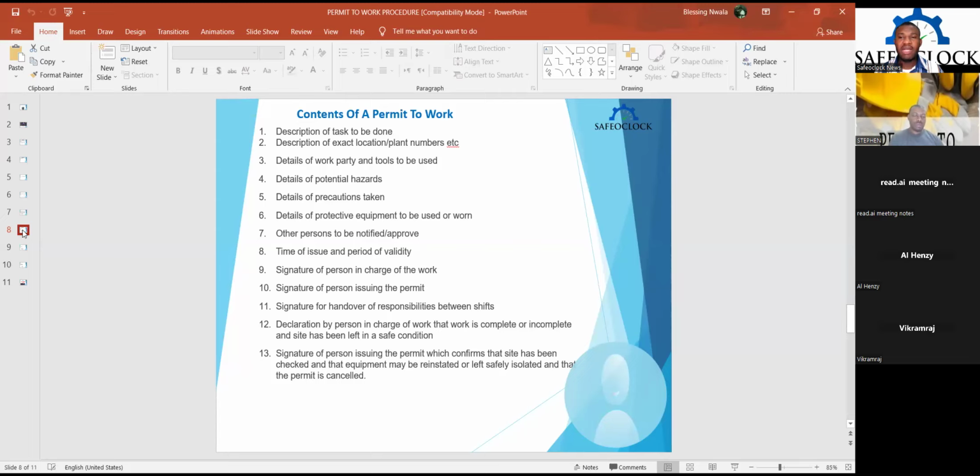Now, at the end of the shift, each of the permits has to be closed, signed by the permit issuer and the permit receiver, then returned to the permit office after all the control measures have been verified and the work location has been returned to normalcy.